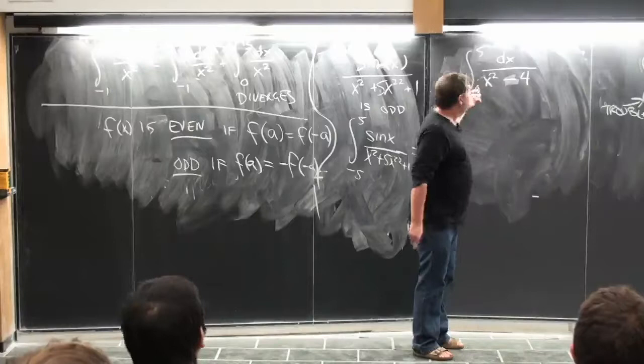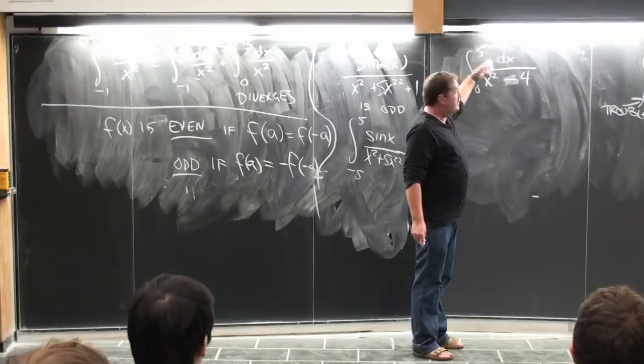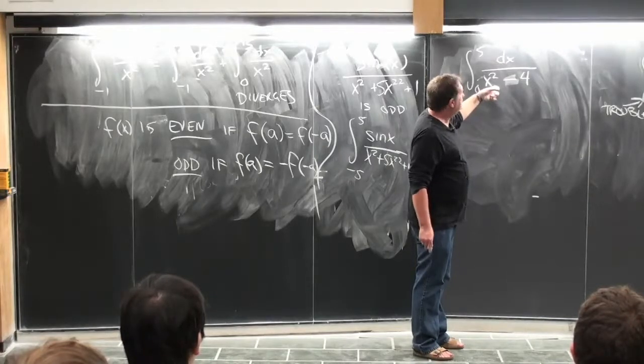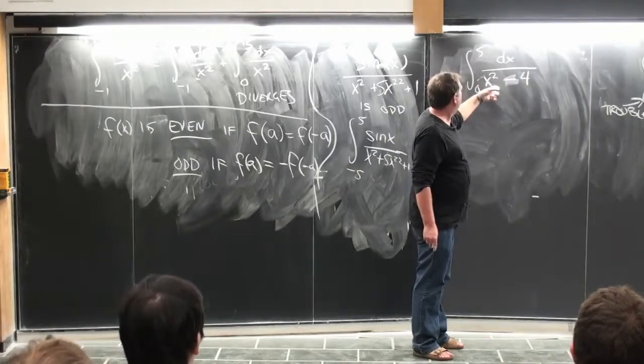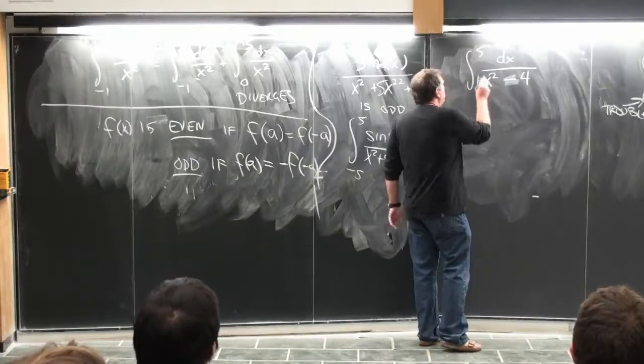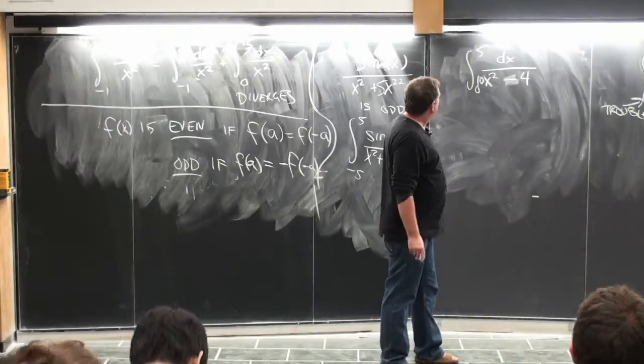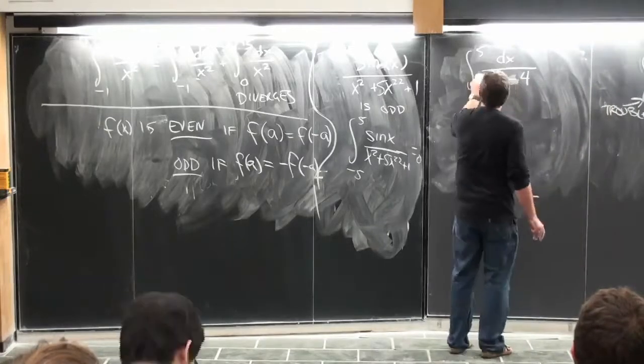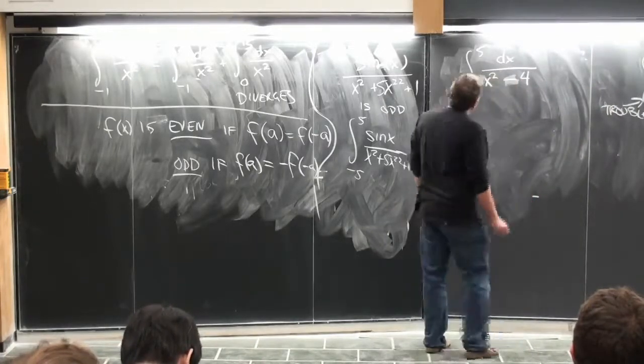Well, for any x between 0 and 5, this number, oh shoot. Okay, now we're good. No, we're still screwed. Sorry. So I always blow it on these.